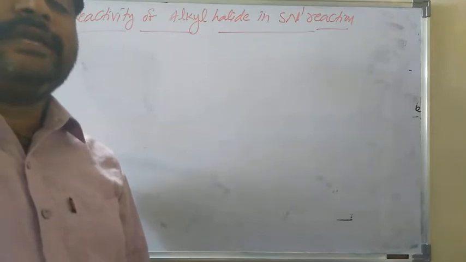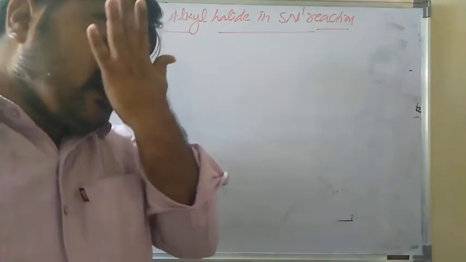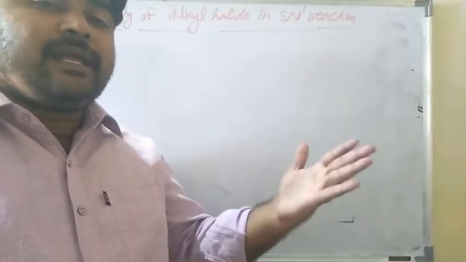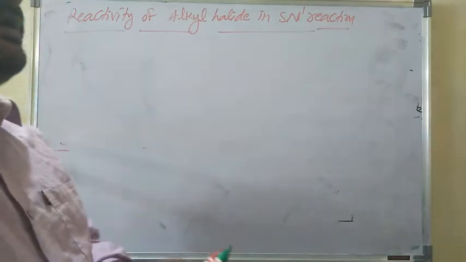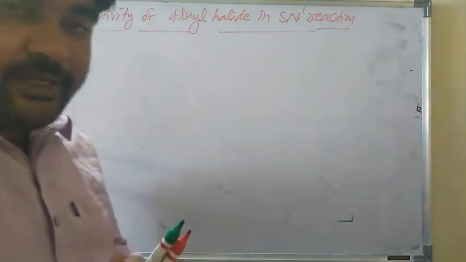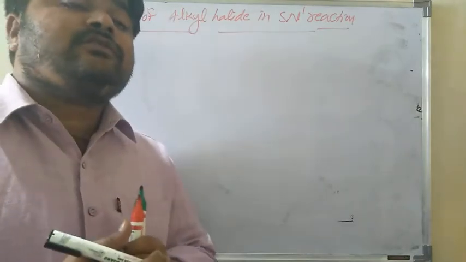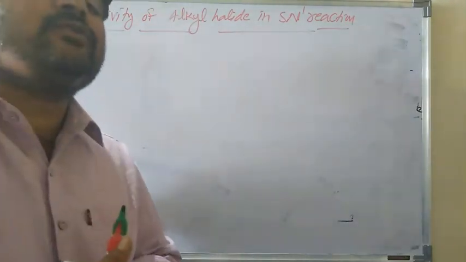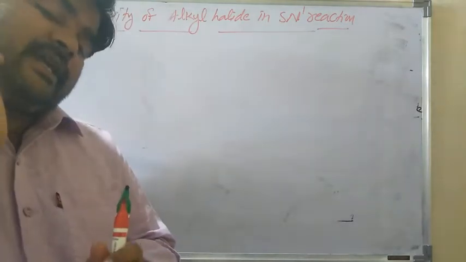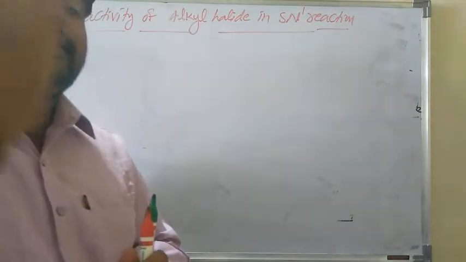Already you know which carbocation is more stable: primary, secondary, tertiary. A tertiary alkyl halide is more reactive compared to a secondary alkyl halide.